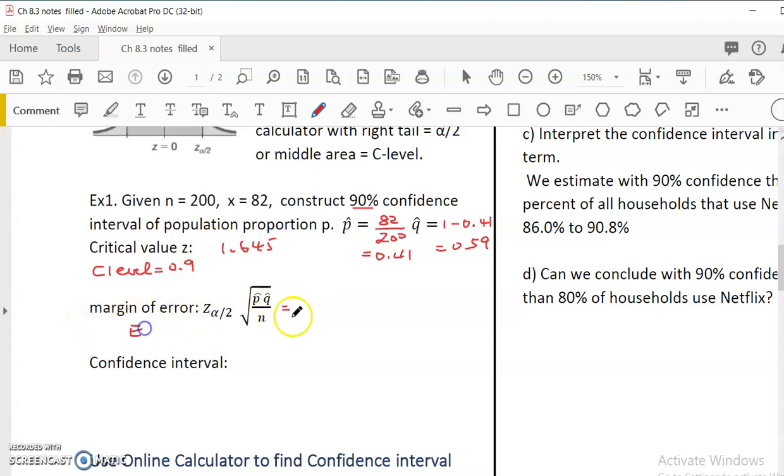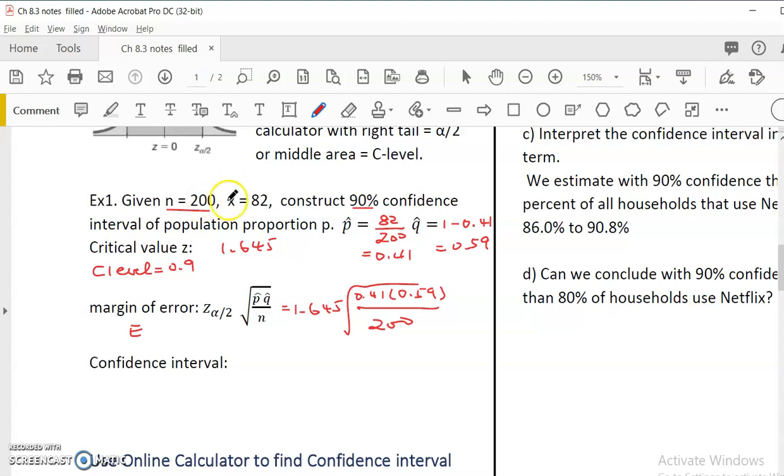Margin of error E is 1.645 for 90%, times the square root of 0.41 times 0.59 over 200. N is 200. So put in the calculator 1.645 times square root of 0.41 times 0.59 divided by 200.